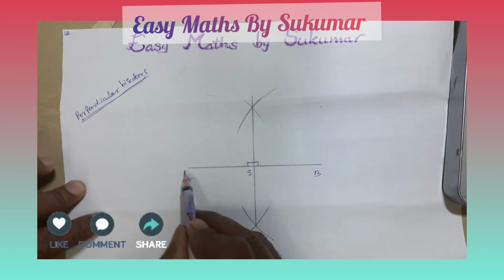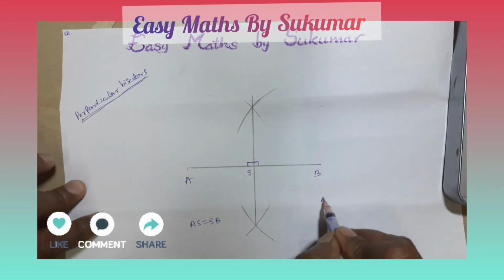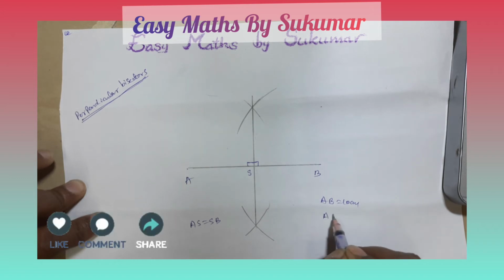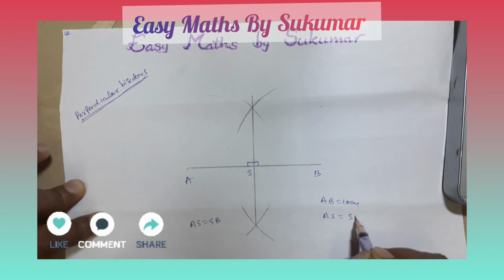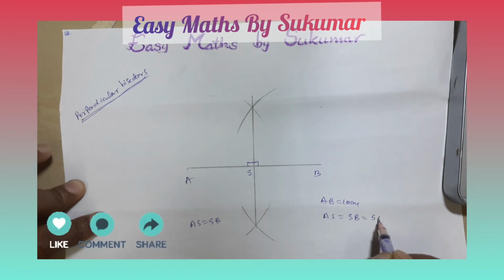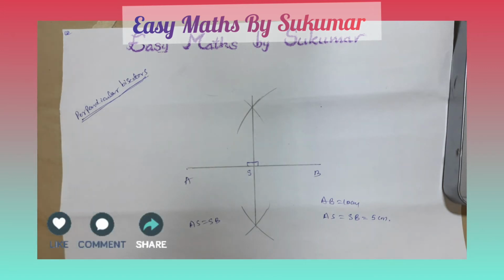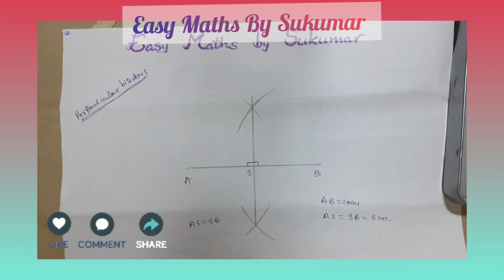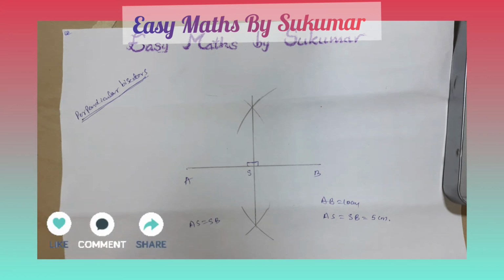See, for example, this AB is 10 centimeters here. That means the AS and SB are equal to 5 centimeters, right? So, my dear students, now we are going to learn about what?